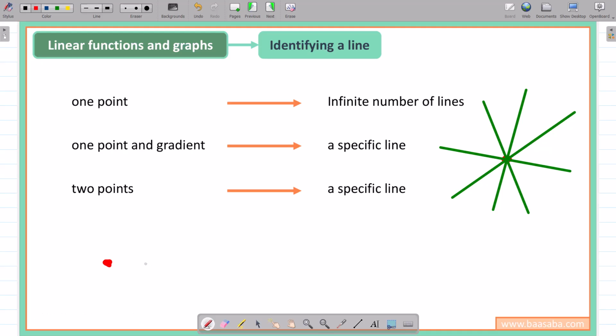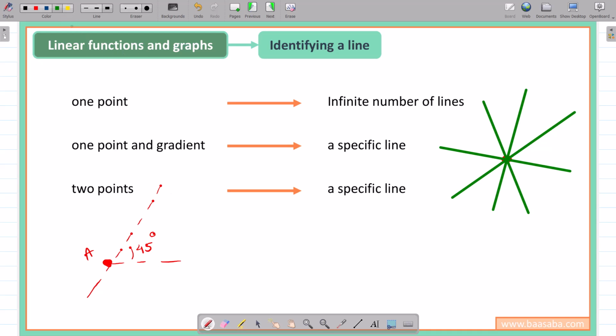For example, we have 1 point here, point A, and we know that the line we are looking for passes through this point and has an angle of, for example, 45 degrees with the horizon.